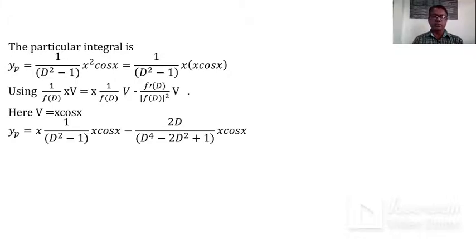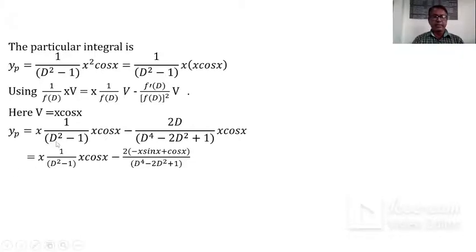Therefore, again we use this formula and substitute v as x cos x. Then we obtain yp is equal to x times 1 upon d square minus 1 on x cos x, minus the derivative of f of d, which is 2d, upon, if we take the square of this, d to the power 4 minus 2d square plus 1, operate on x cos x. Now we first operate 1 upon d square minus 1 on x cos x.